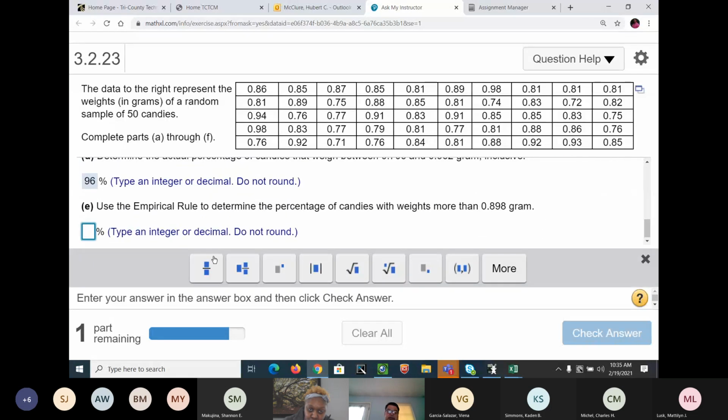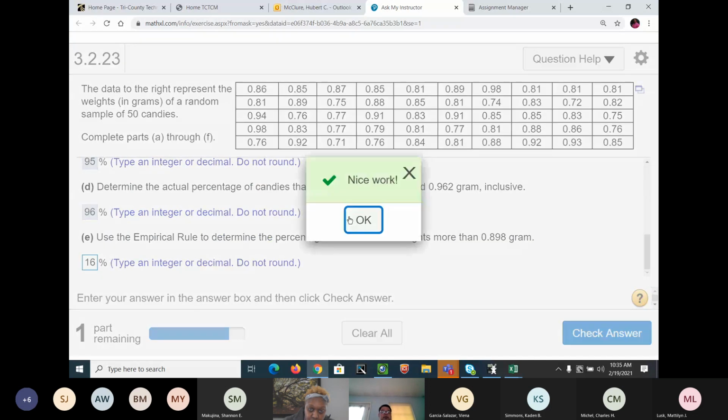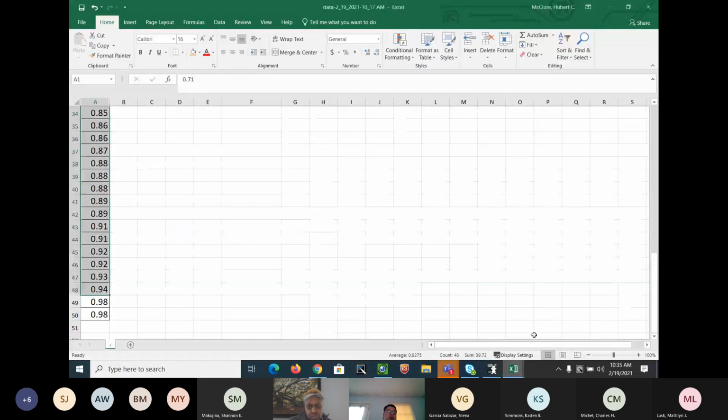So this is 16. And count. How many are more than 898? Go back to the spreadsheet. 898. How many is there? One. Wait a minute. That's 89. 898.